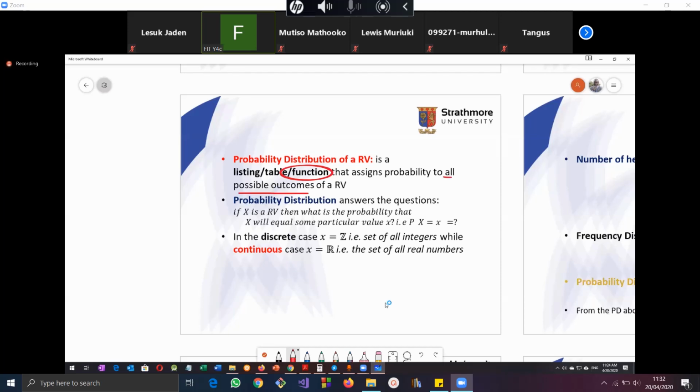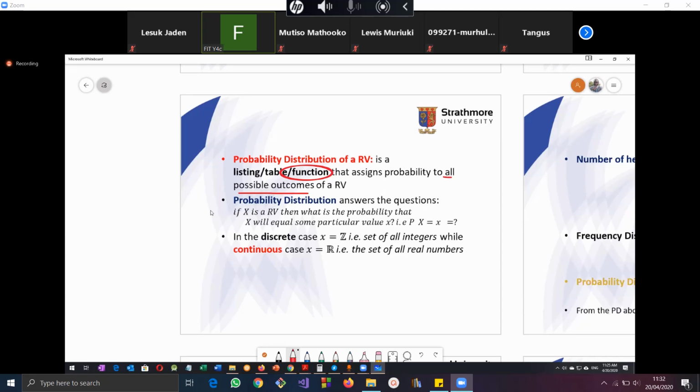So the distribution assigns values which are actual probabilities to a random variable taking a certain value. So a random variable takes a value. The distribution says what is the probability that the random variable will take this value. If you understand that, you're way ahead.